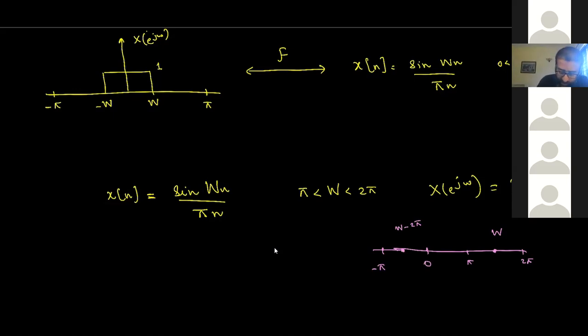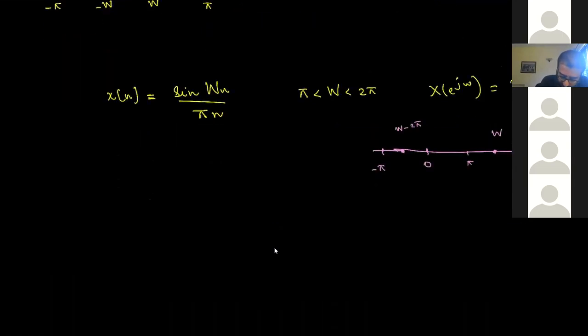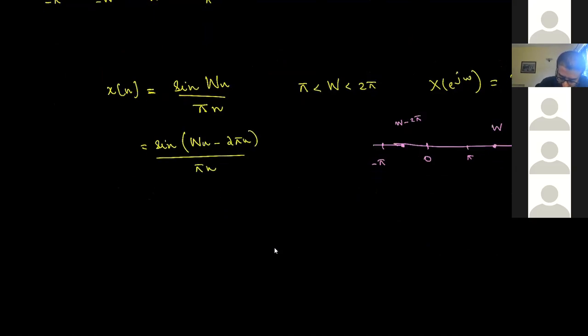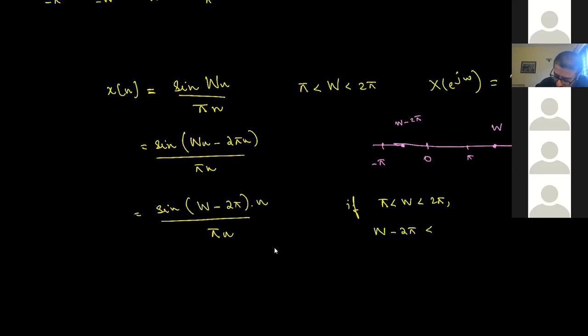So the way I'd go about this is the following. I'd say this is sine of omega n minus 2 pi n divided by pi n, which is just sine of w minus 2 pi times n divided by pi n, right? So if pi is less than w is less than 2 pi, where will w minus 2 pi lie? It is between 0 and minus pi, right?